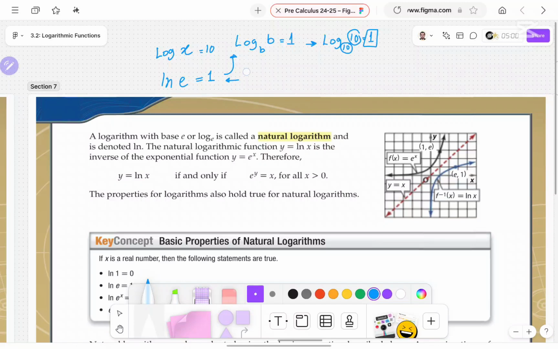When I say ln e, it's similar to saying log base b of b. So it's equal to 1. Both of these are similar to each other, for example, inverse. That's why the answer is equal to 1, and ln is always related to the base e.